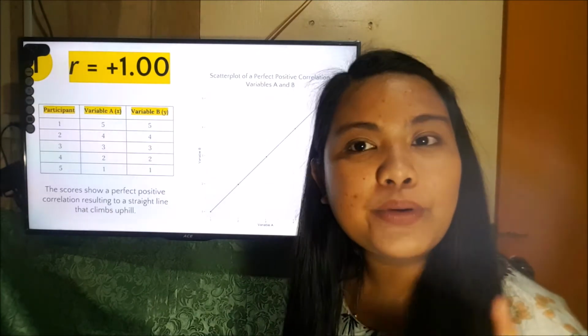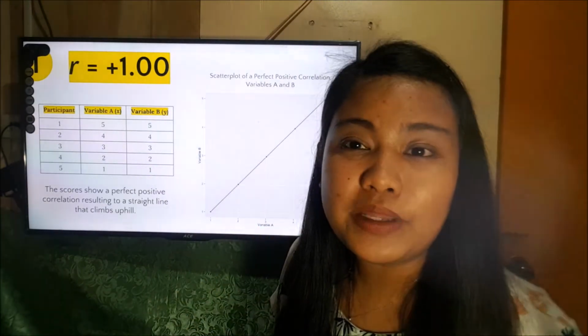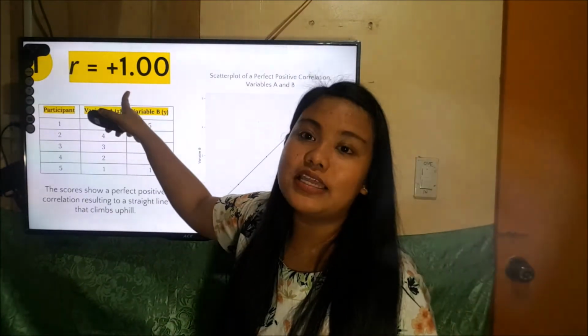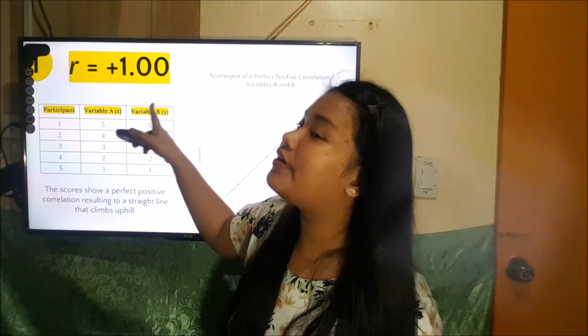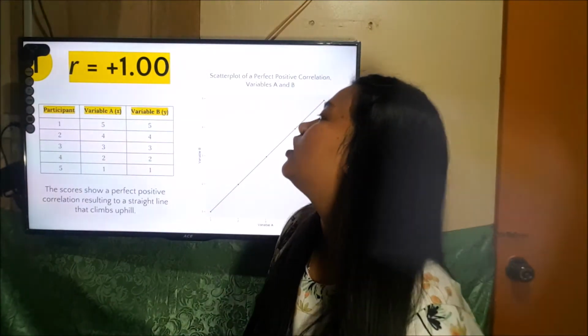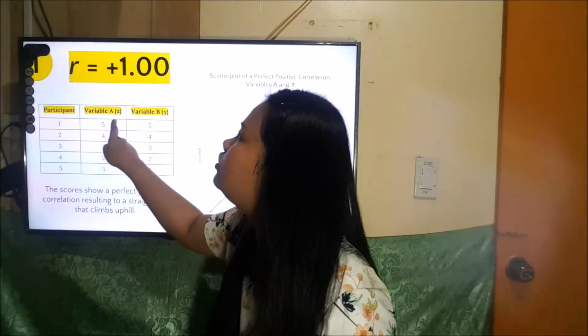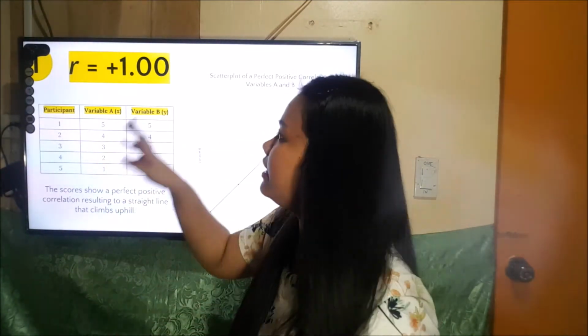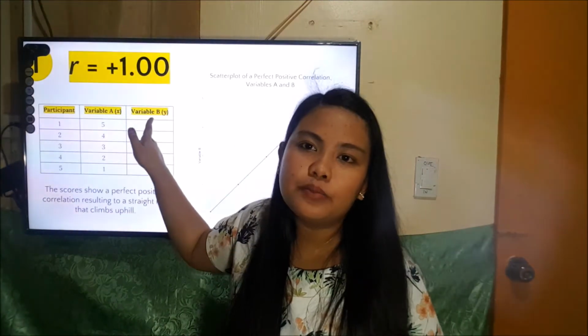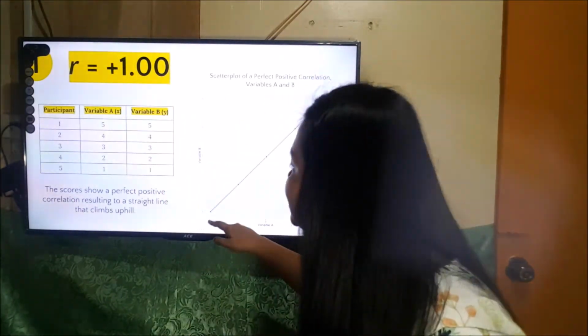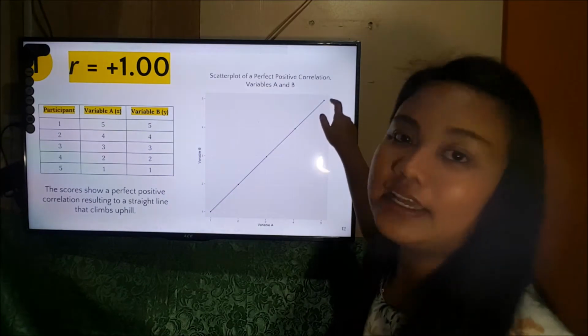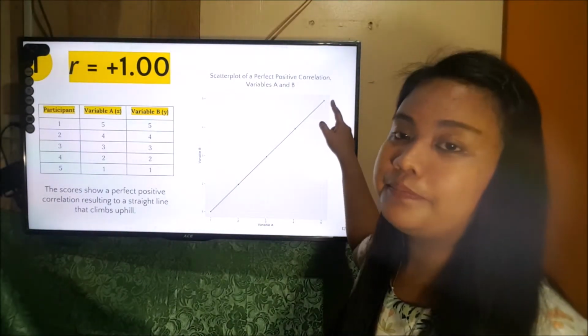If you remember our number line a while ago, positive 1 indicates a perfect positive correlation. So if you look at our data here, as the values in variable A increase, the values in variable B also increase, resulting in a straight line that climbs uphill.